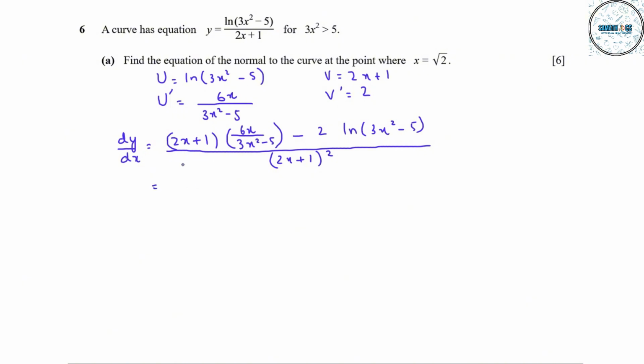This is dy/dx, which is the formula for the gradient.